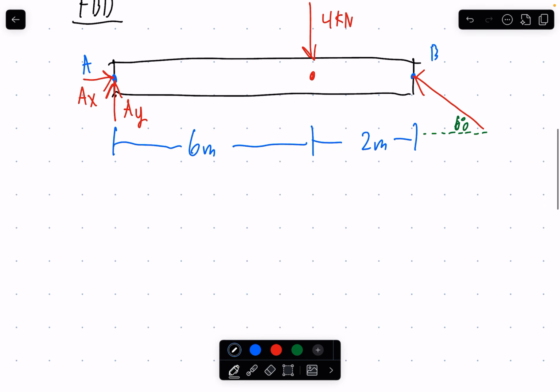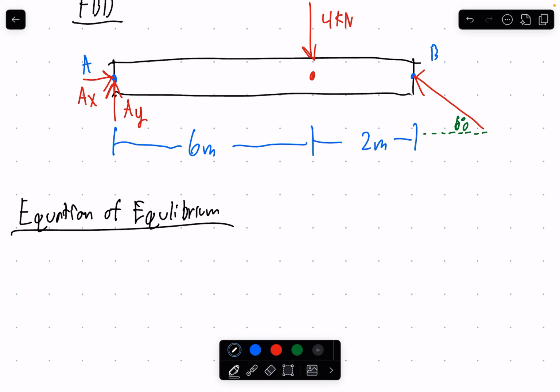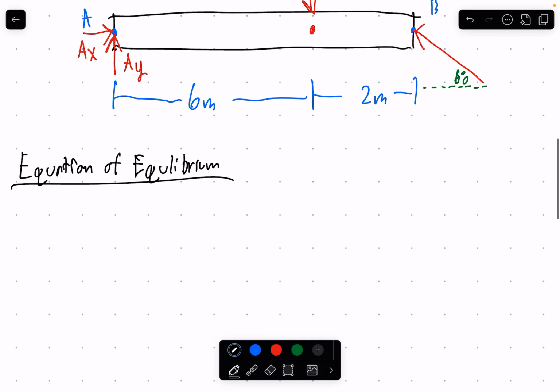Okay, let's move on to our equations of equilibrium. Since we have 3 unknowns, we'll be needing 3 equations. Even though this is a 2D problem, there's 3 axes that we need to account for total mechanical equilibrium.